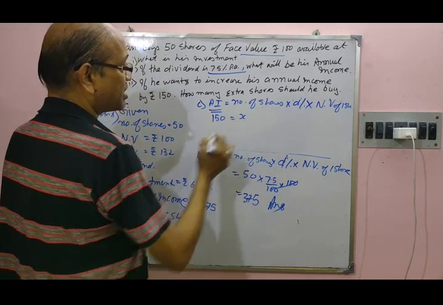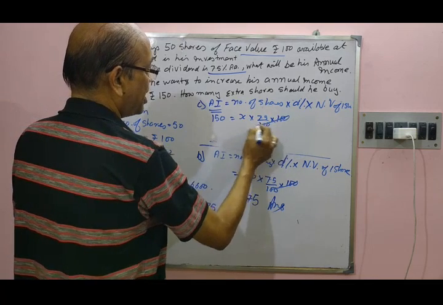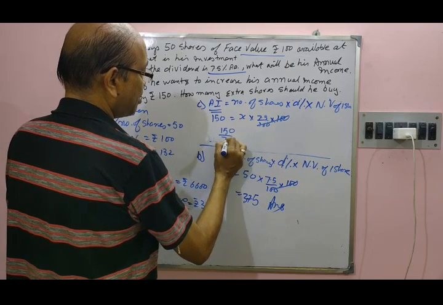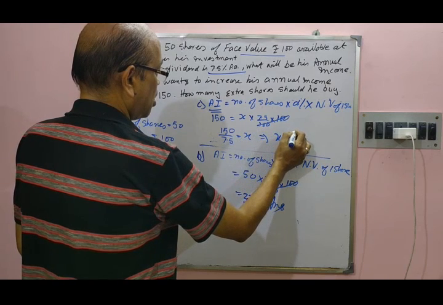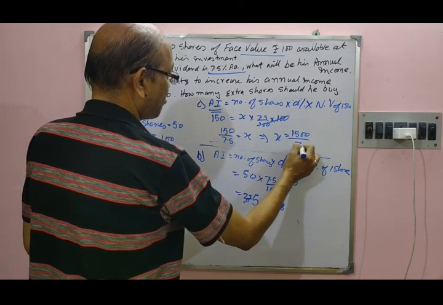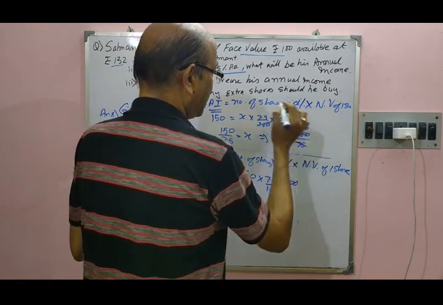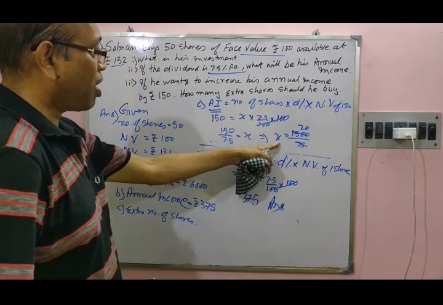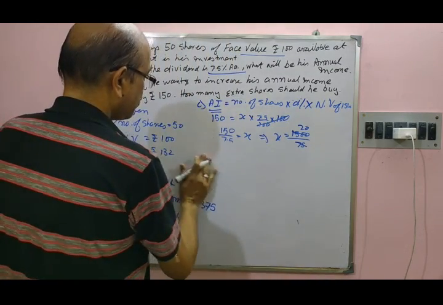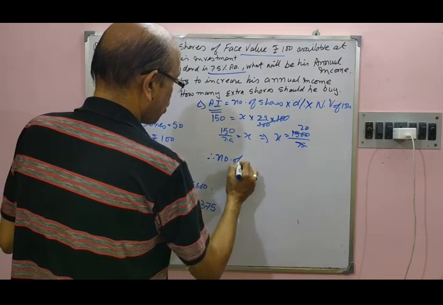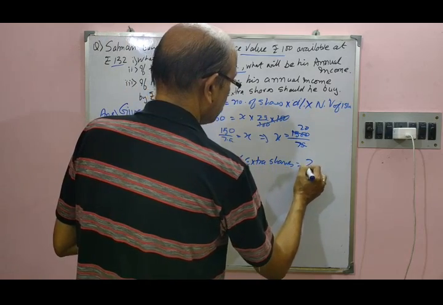Let the number of shares be x. D% is 7.5 by 100, into nominal value 100. So 150 by 7.5 is equal to x. Therefore, x equals 1500 by 75. 75 twos are 150, so 20. The number of extra shares is equal to 20.